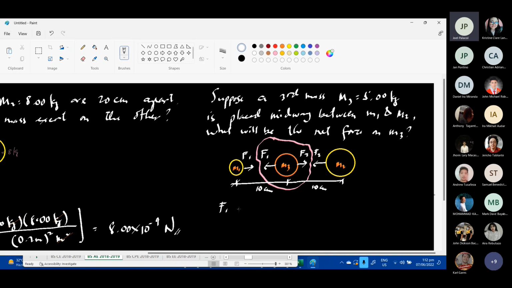So F1 is the force between M1 and M3. F2 is the force between M2 and M3. Kindly provide me the answers for F1 and F2.